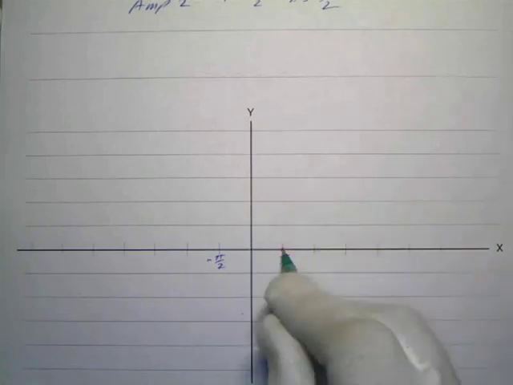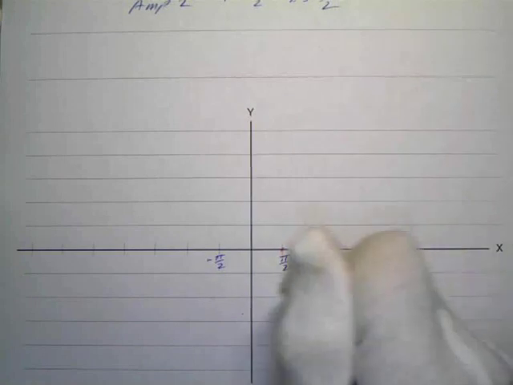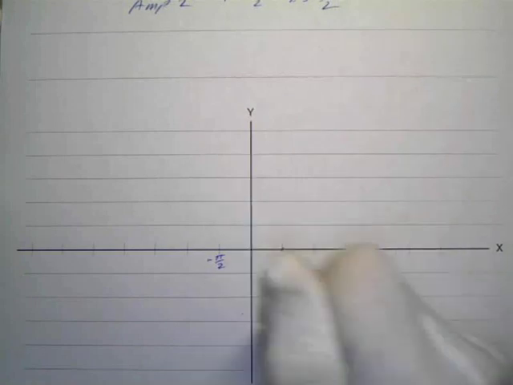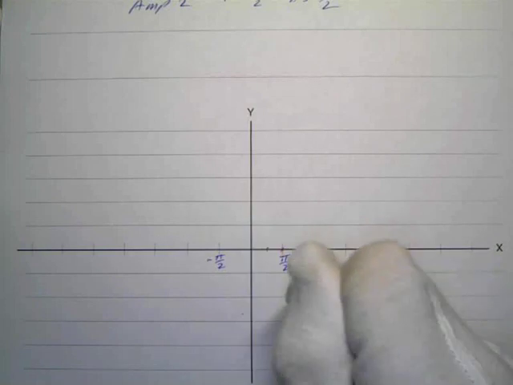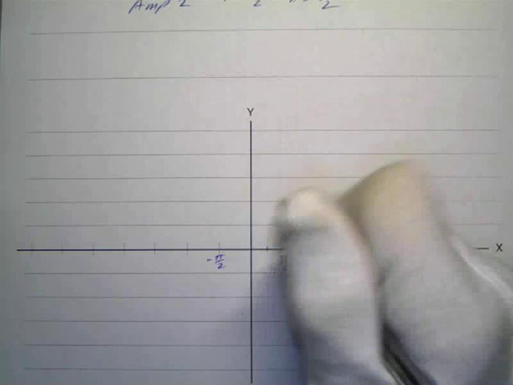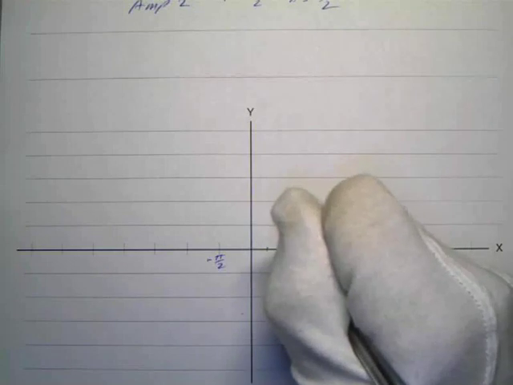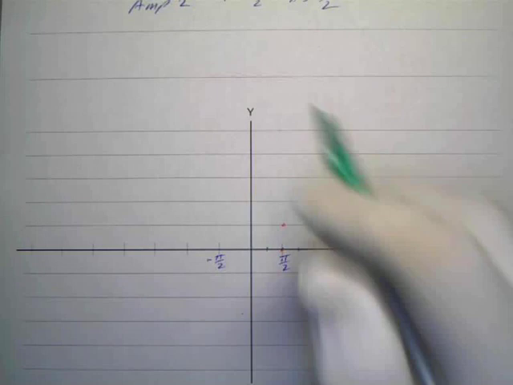So this takes care of the shift, moving the 0 over pi over 2, and the asymptotes normally would be here, but since the period's smaller, they're going to be like halfway. So that'd be pi over 4. Okay, so those are where the asymptotes go. And then I also have a vertical shift of 1, so I'm going to move this point up here. So my 0 is going to be at 1. So that's basically what all this is going to be doing.